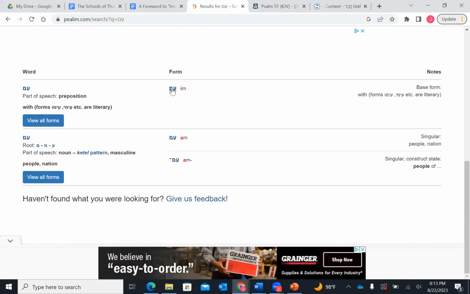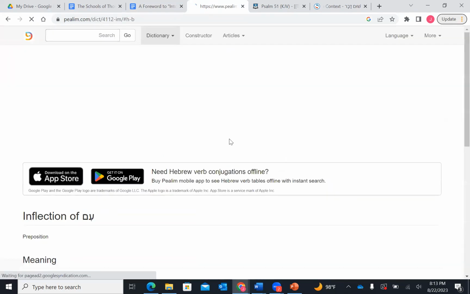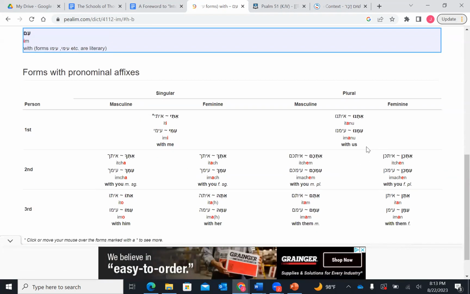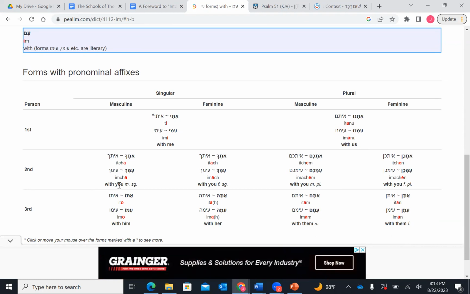With, right? Boom, we're going to go with this one, and it's going to give you all the meanings of "with me," "with us." I have a friend named Yaimani, right? Or even my son's name, Olam Emmanuel, right?